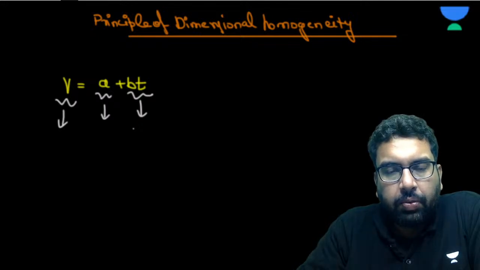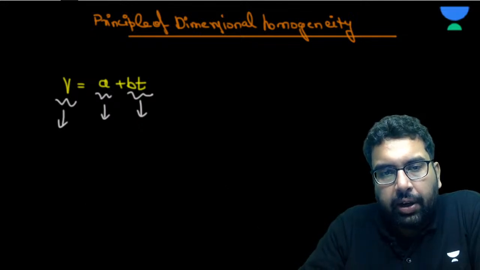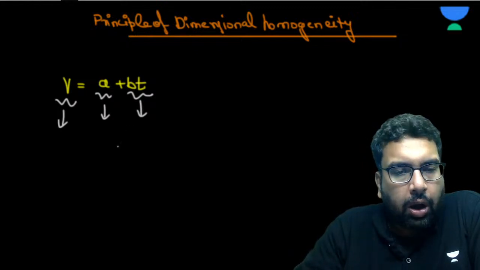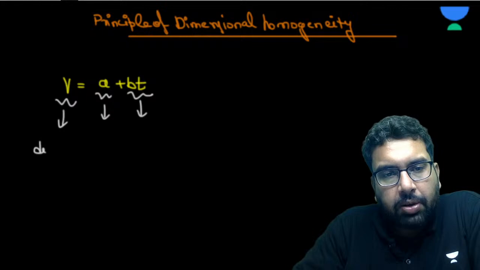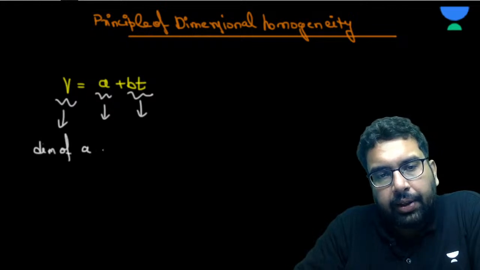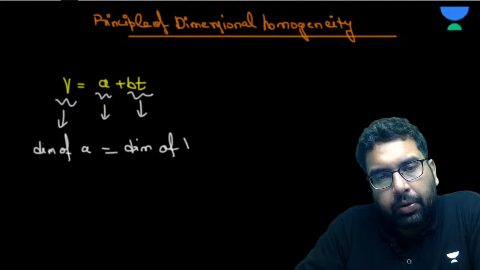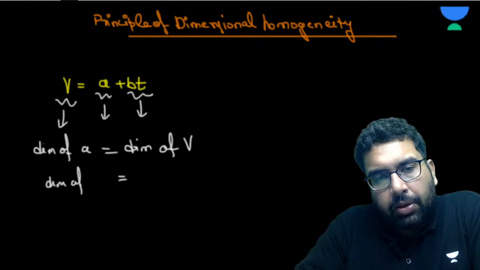If they ask you what is the possible unit or dimension of a, how can we write it? Simply, the dimension of a is equal to the dimension of v. V is the velocity, so the dimension of a is LT minus 1.